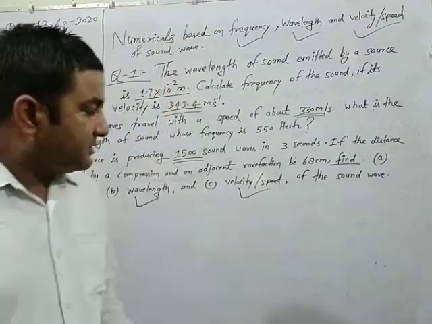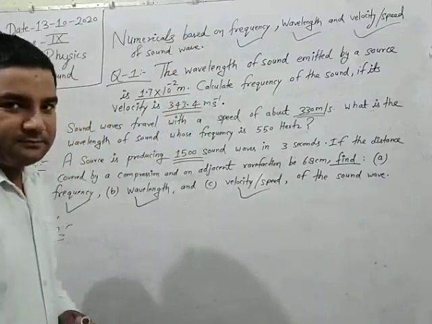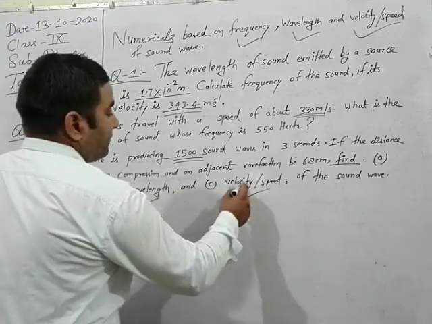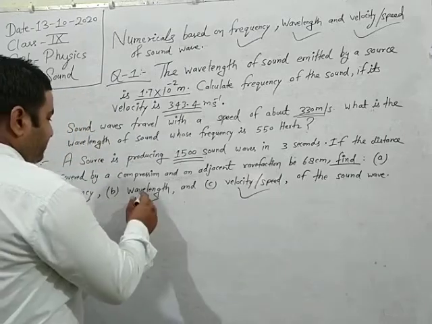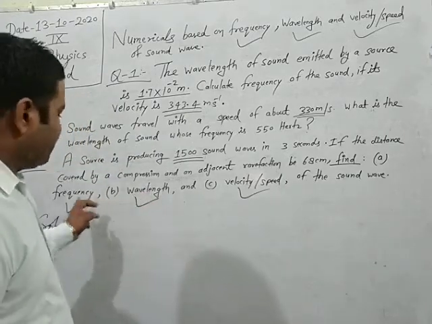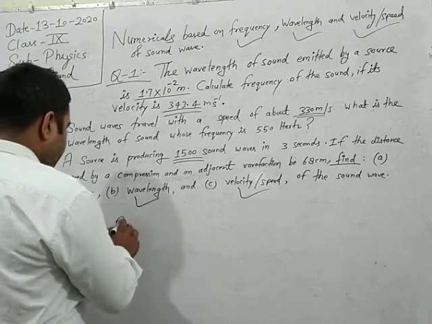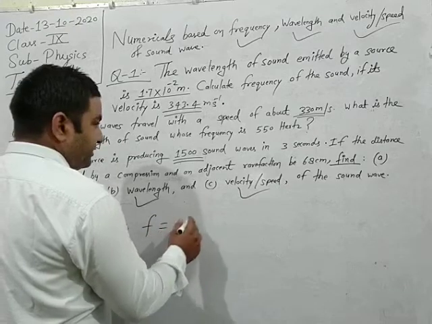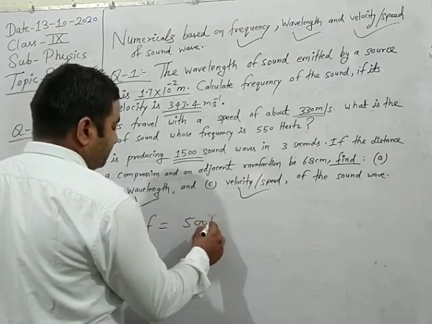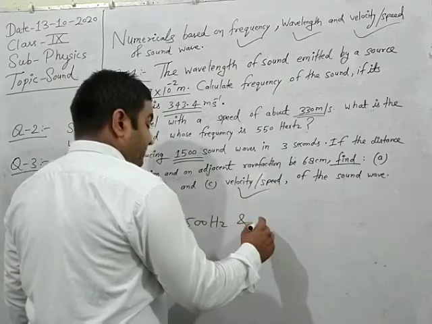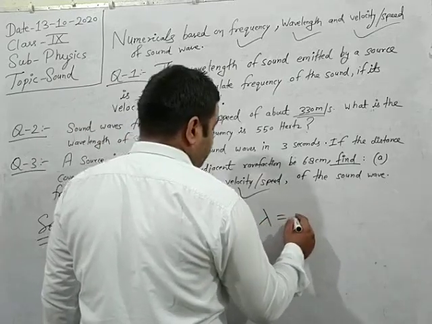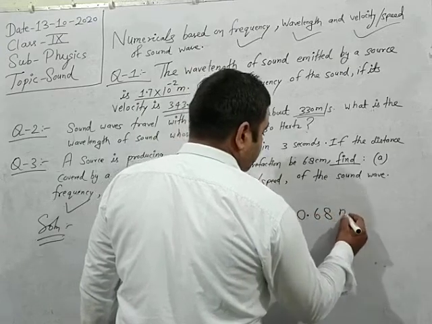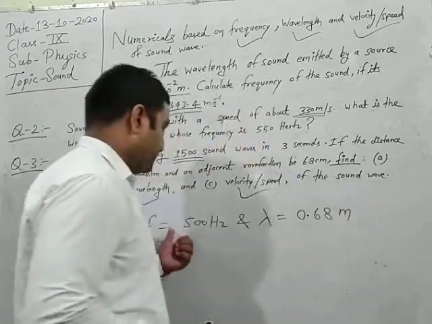The last concept of this third problem is that we have to calculate the velocity or speed with the help of wavelength and frequency. As just calculated, frequency is equal to 500 hertz, and wavelength lambda is equal to 0.68 meter. Clear?